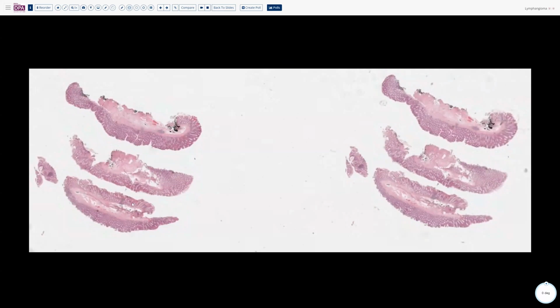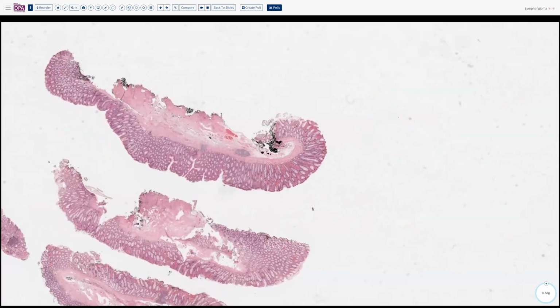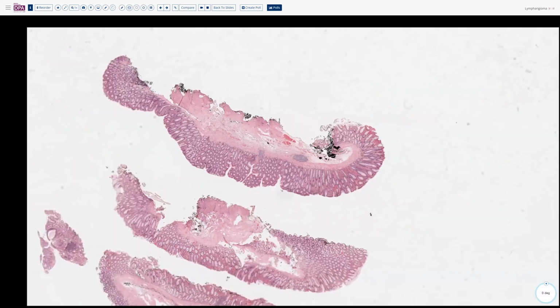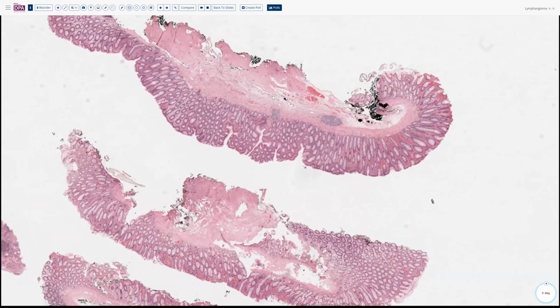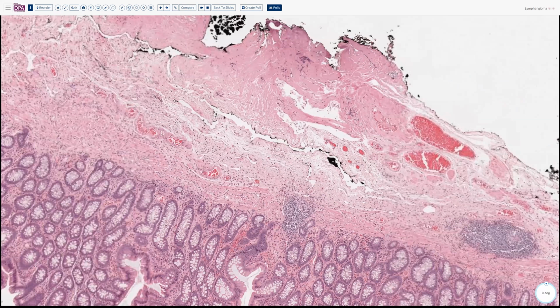Here is a GI example. And this one is a little bit subtle because you can see here that this is a collapsed vessel. But as you look here, you see there's a very elongated complex lesion here that goes along here.